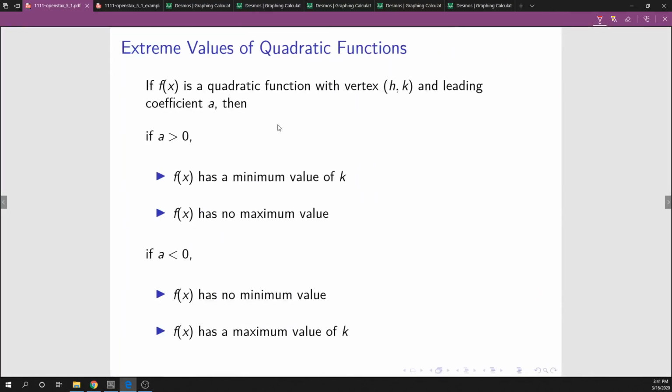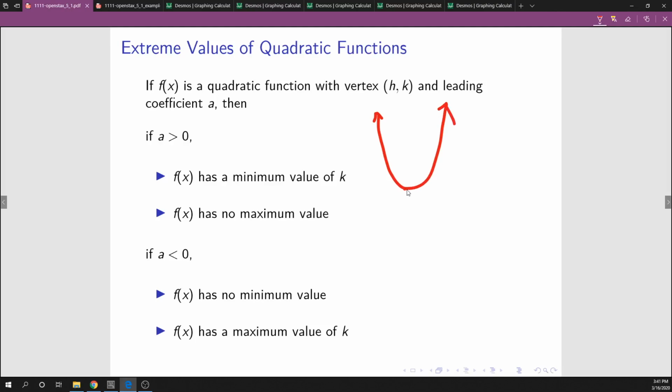For extreme values of quadratic functions, a quadratic function either has a lowest value, a lowest point in the graph, or a highest point in the graph. And again, that depends on whether the graph opens up or down. If the graph opens up, in this case where a is positive, the graph opens up like this.